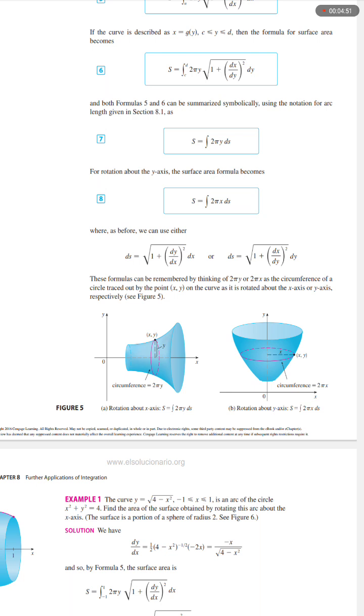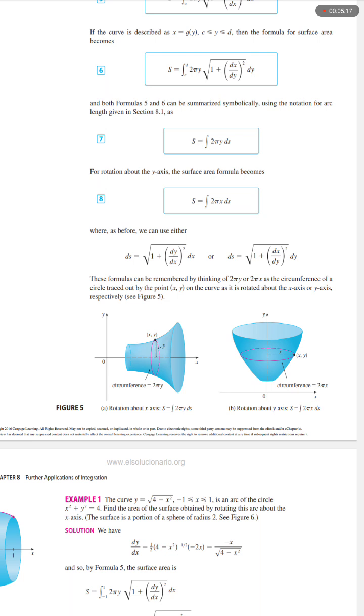See figure 5. Figure 5a, rotation about the x-axis. Big S equals the integral of 2 pi y ds. The circumference is equal to 2 pi y.